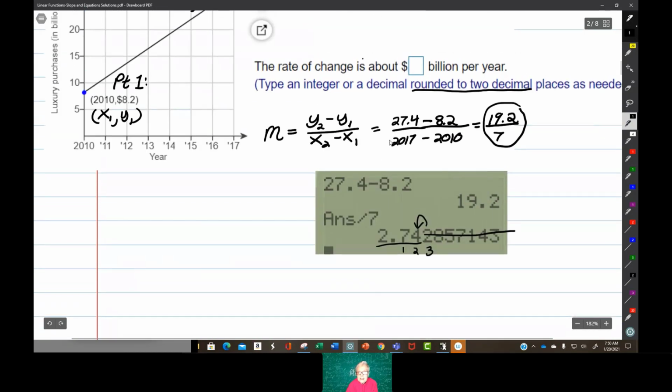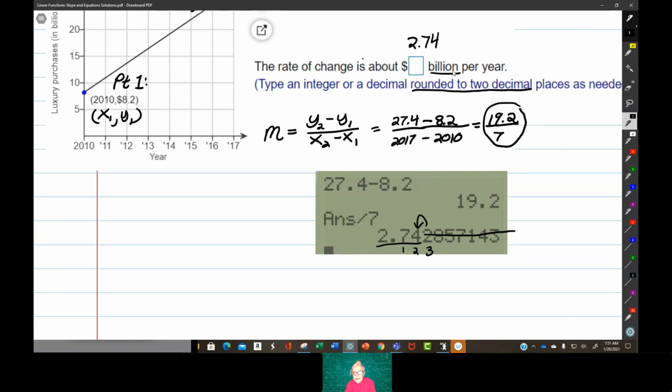And put that in the answer box, which is expanding. You don't have to write the dollar sign. Just put 2, so I better erase it. Okay, the dollar sign is already there, so just put 2.74. The billion is also over here.